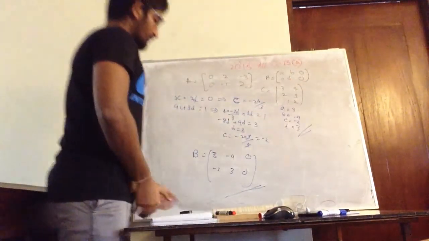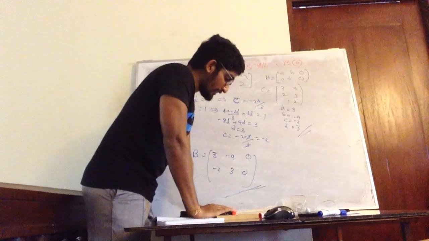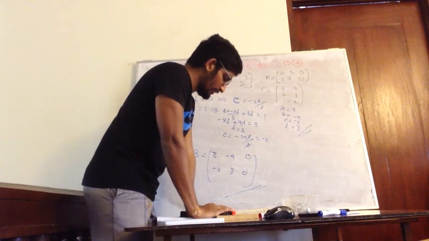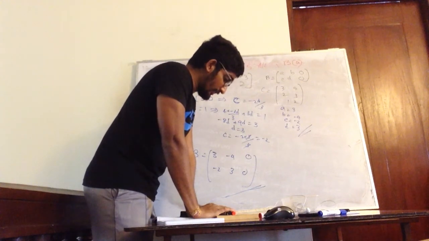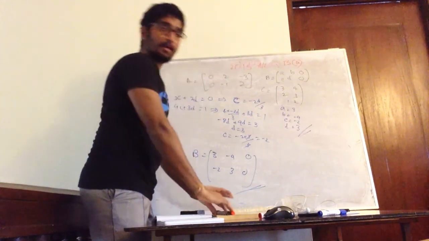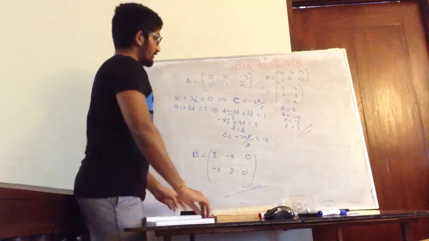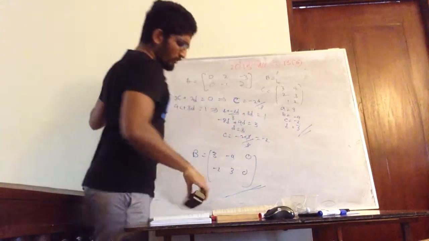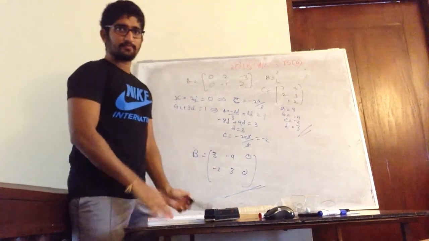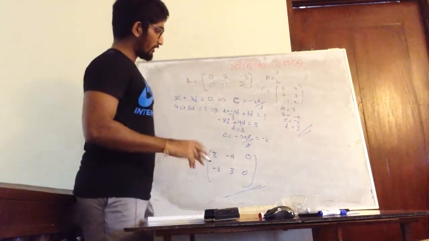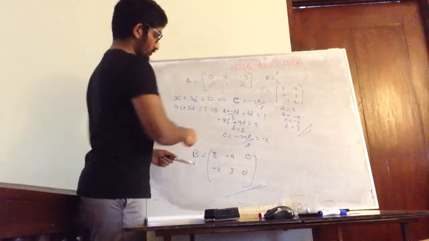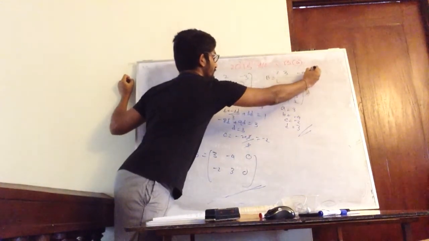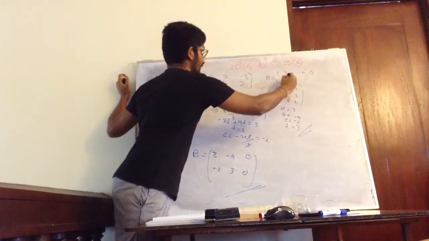So then they are saying to find lambda A plus mu B times C as I2, so to find lambda and mu. Now there are actually two ways of doing this. First of all, I'll rewrite this as 3 minus 4 0 minus 2 3 0.